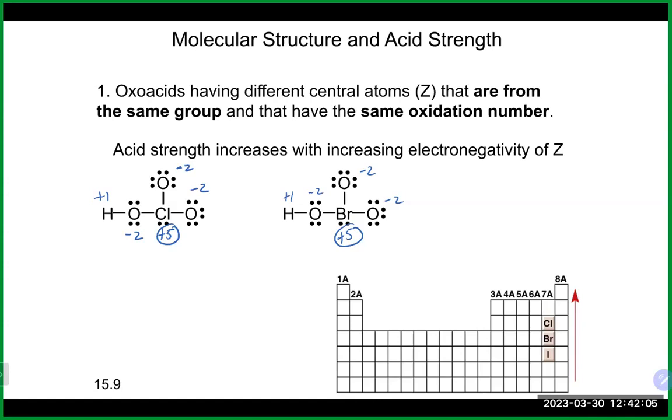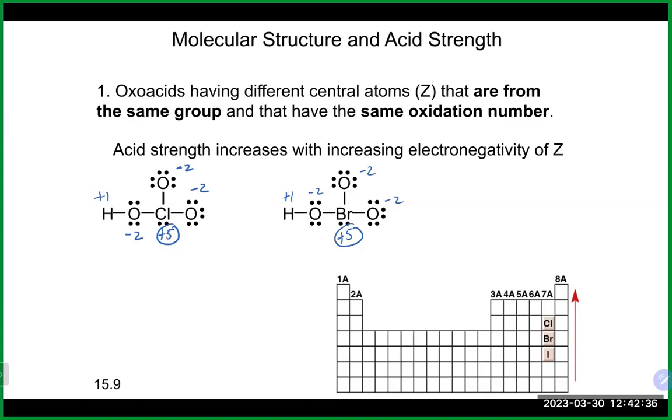So it takes on a more positive charge, because oxygen is a little bit more electronegative, which means it's going to pull those electrons towards the oxygens, making the central chlorine and bromine more positive, more electron deficient. So in this particular situation, we cannot use the oxidation state of the central atom because, frankly, it's the same. There is no difference between them.